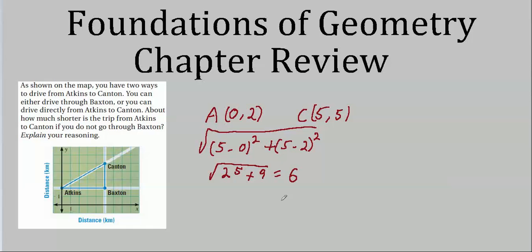Then you get 25, and that is the square. 25 and 9 is the square root of 34. I did this once before. Just forget that one. 25 and 9 is not 36, it's 34. Wow.